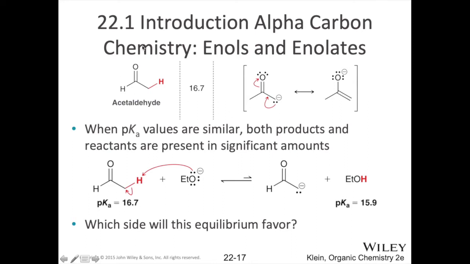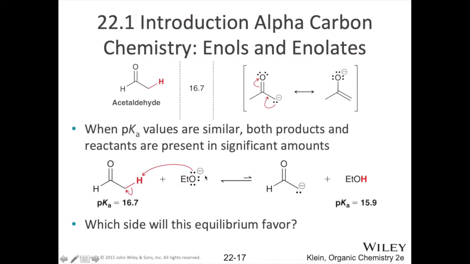In the case of acetaldehyde, that actually drops all the way to between 16 and 17. So let's look at an example of a base and see if it is appropriate for converting a ketone or aldehyde into the corresponding enolate.